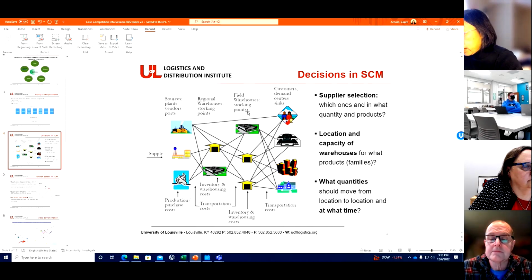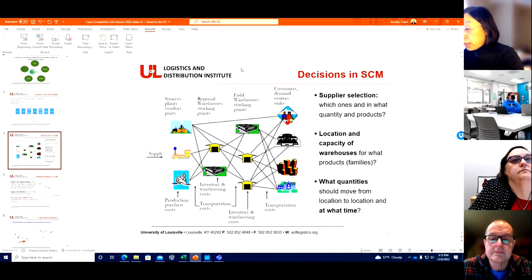Similarly, you also have to make a decision about where your warehouses are, and for what product families you're going to use that particular warehouse. A lot of times you hear people talking about supply chain as the science of determining in what quantity, how much you want to deliver at the right time.